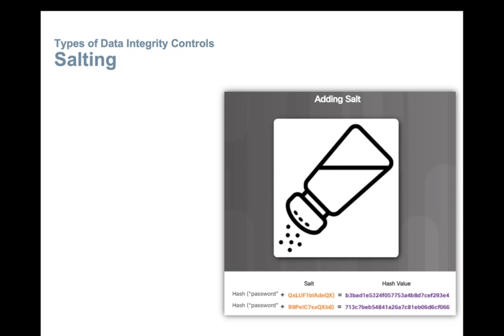In this figure, you can see the same password generates a different hash because the salt in each instance is different. The salt does not have to be secret since it is a random number, right?